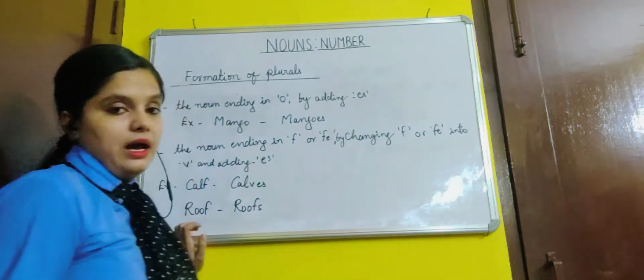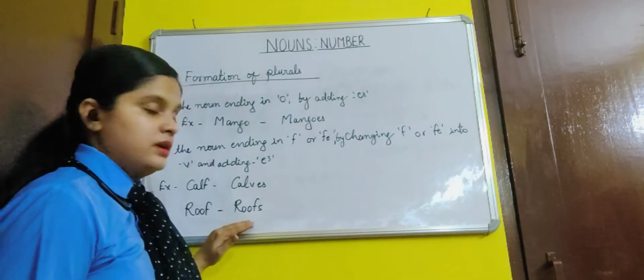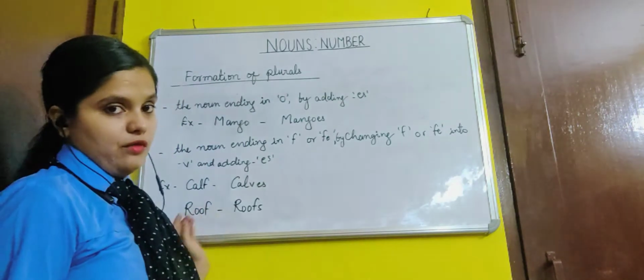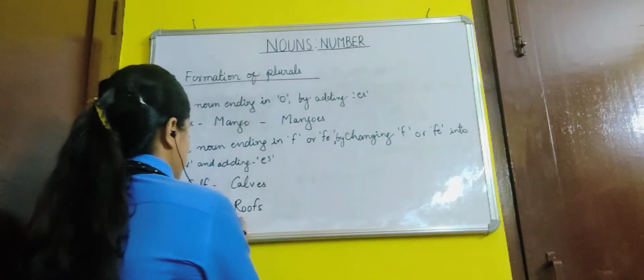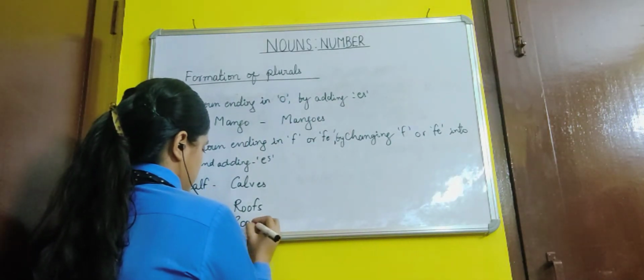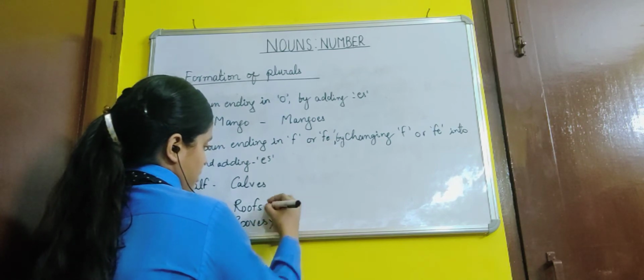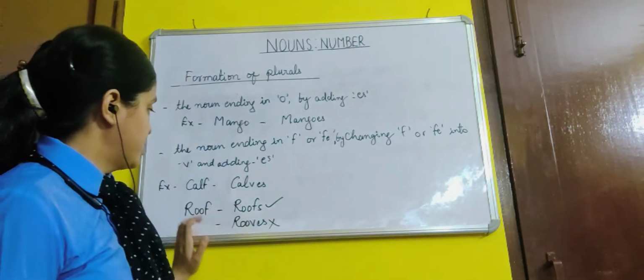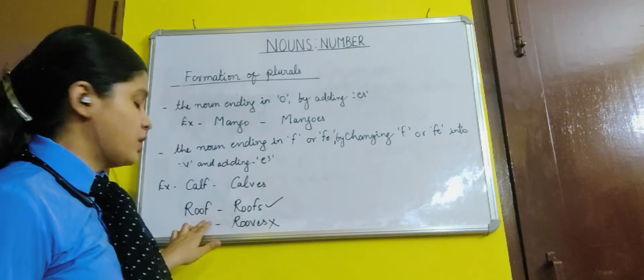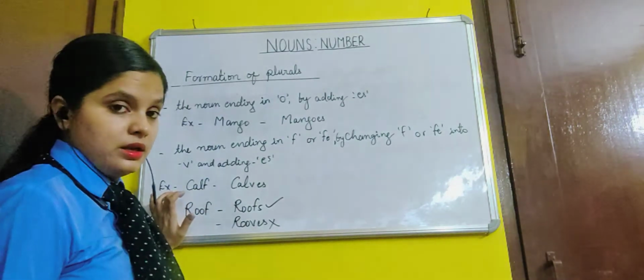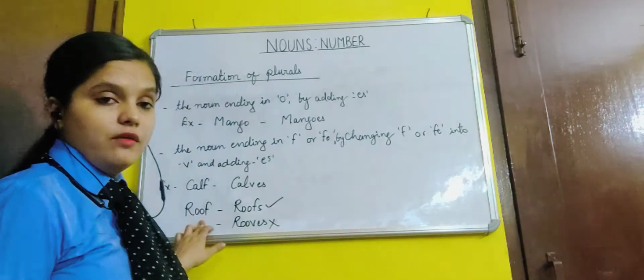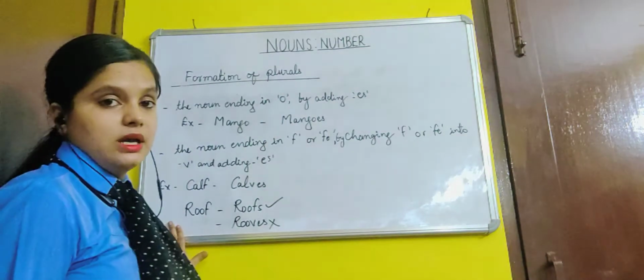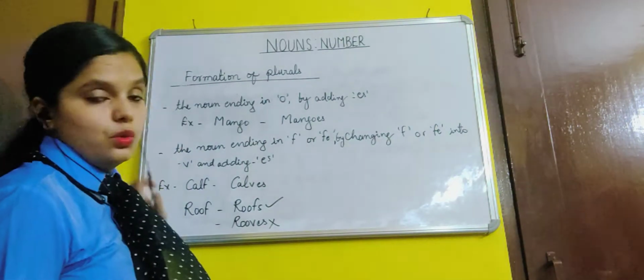No, we will just simply put s and here the plural is roofs. This will be wrong, this will be correct, because the f is not preceded by a consonant. It is preceded by a vowel, so we will not apply this rule here.